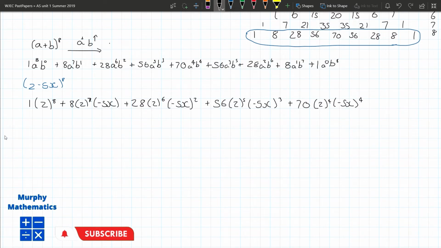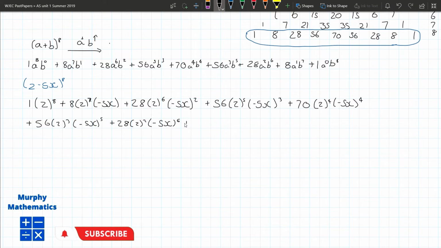I'm going to come down again, so plus 56, lots of 2 cubed times minus 5x to the power 5. Plus 28, lots of 2 squared, lots of minus 5x to the power 6.